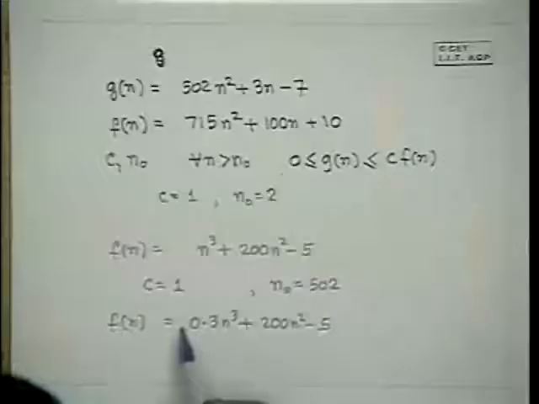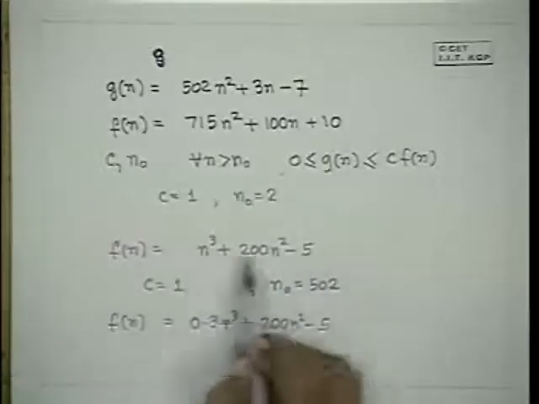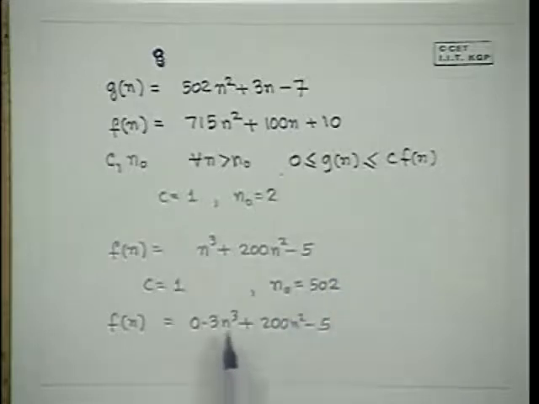Because each operation, if that is done in one step, this may be done in 0.00001 steps. So the original function, if this is a n cube plus b n square plus c n, will only differ in a, b and c. The other things will remain constant because we have taken it in terms of input size, which is independent in both of them.